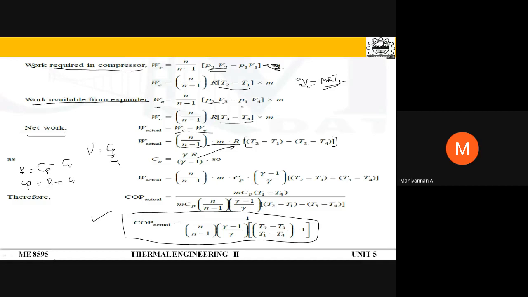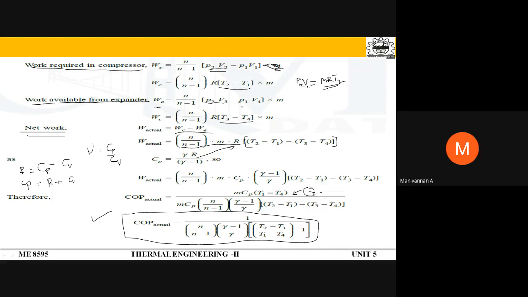So we have already calculated the theoretical COP of a reversed Brayton cycle, and now we have substituted work. We have achieved the, what is the major difference is COP is actual refrigeration effect to the work input. So this Q will be same as Q absorbed.